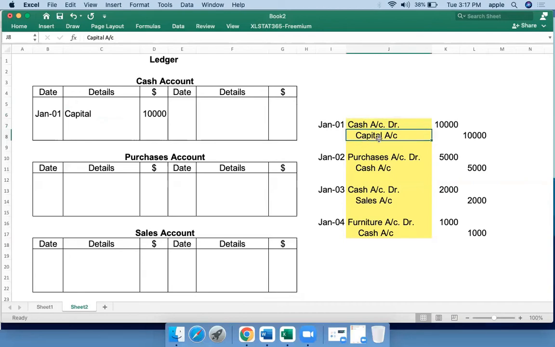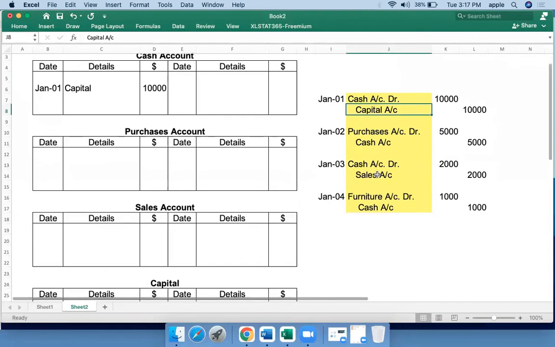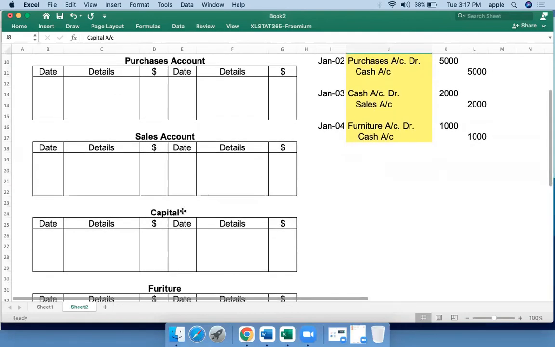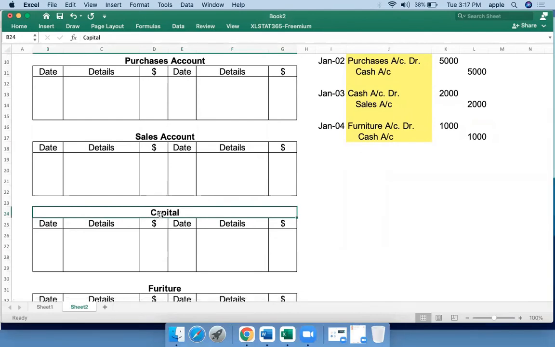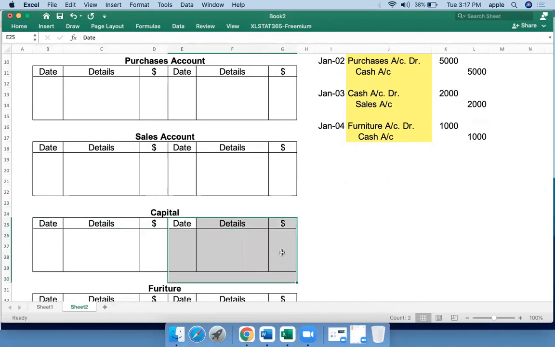Now the next account is which one? Capital. So capital is debit or credit? Credit. So this is the capital account, right? Can you see the capital account on the screen? So I will take the credit side, and it is credited by how much money? 10,000.